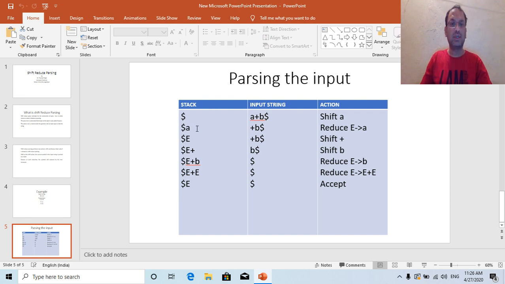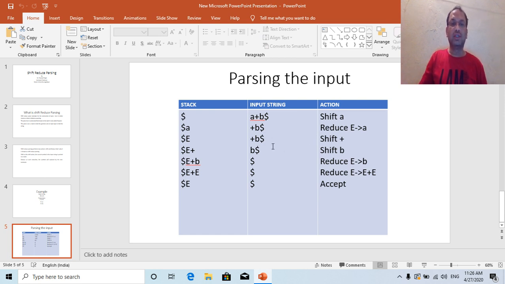and this terminal symbol is replaced or reduced by the non-terminal symbol E. So the action is we will reduce a to capital E. Now the input string is plus b dollar.